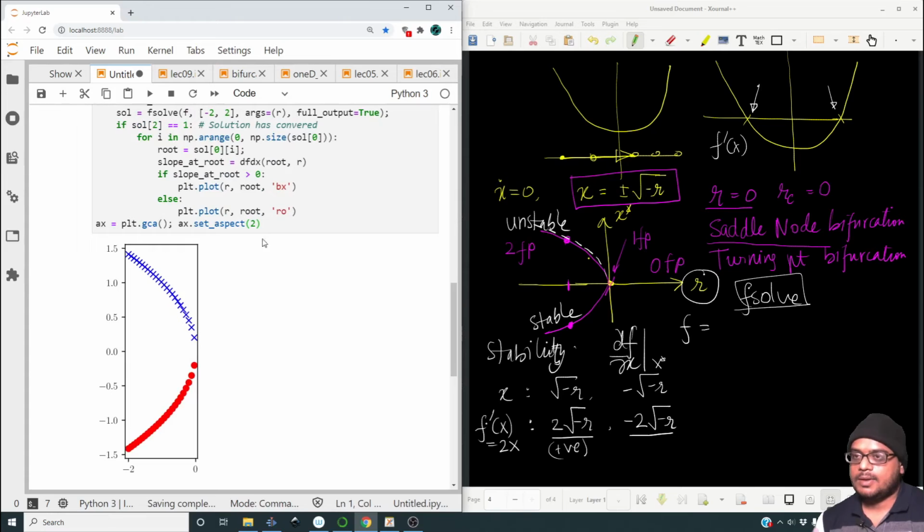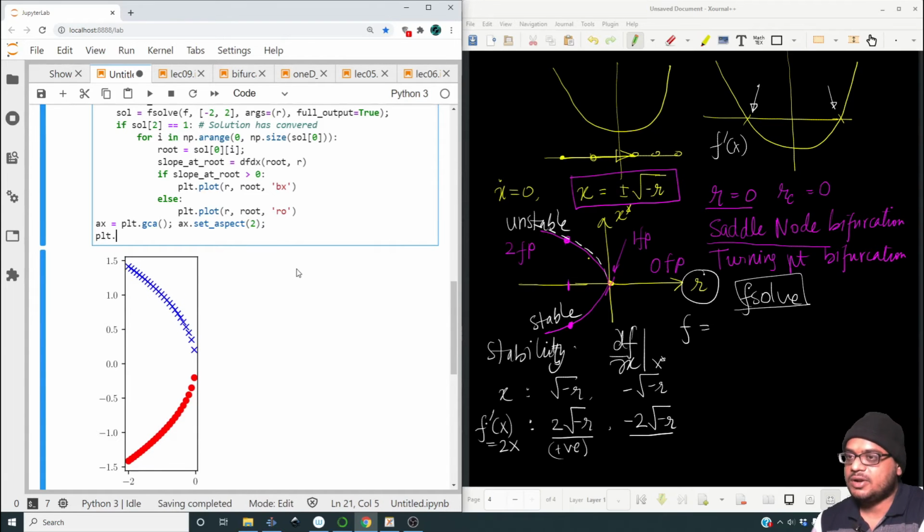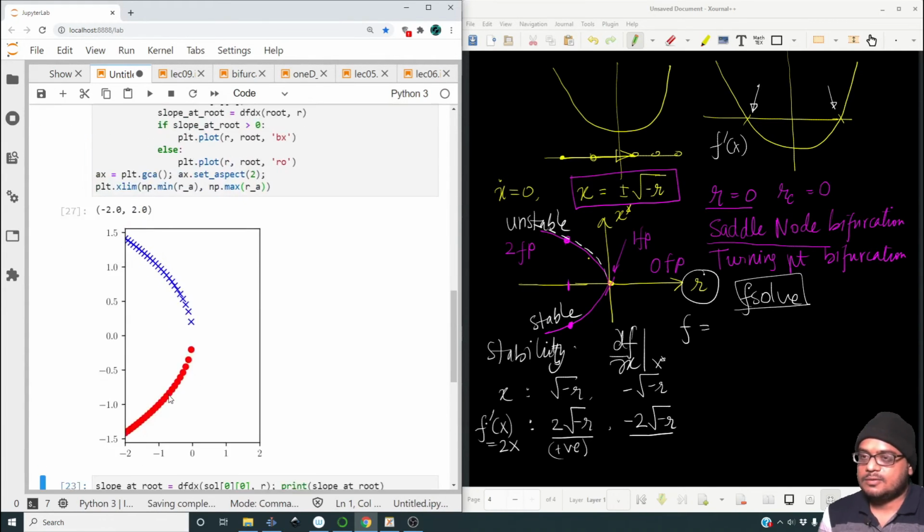Okay, and let us make the x limit all the way to the r range that we have. So plt.xlim, it should go from the minimum value of r to the maximum value of r. So np.min of ra to np.max of ra. So this is how the bifurcation diagram looks like.